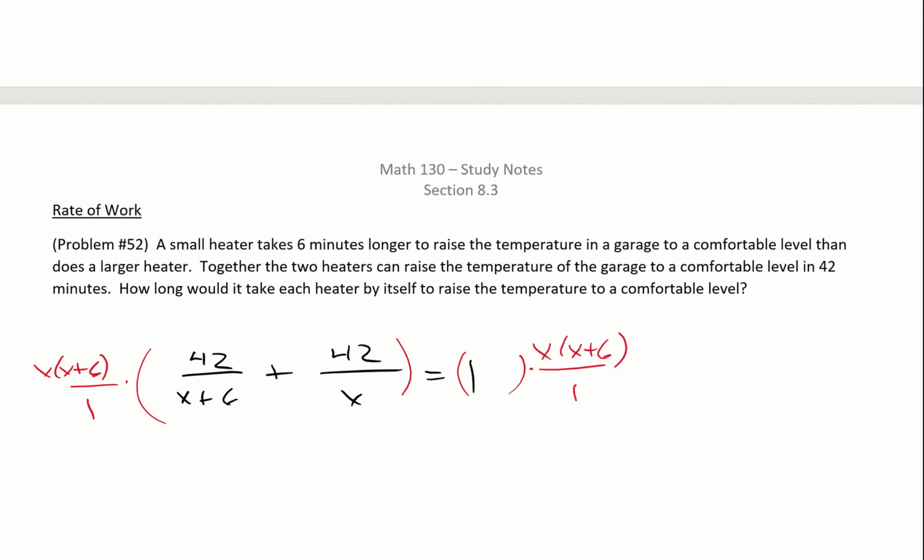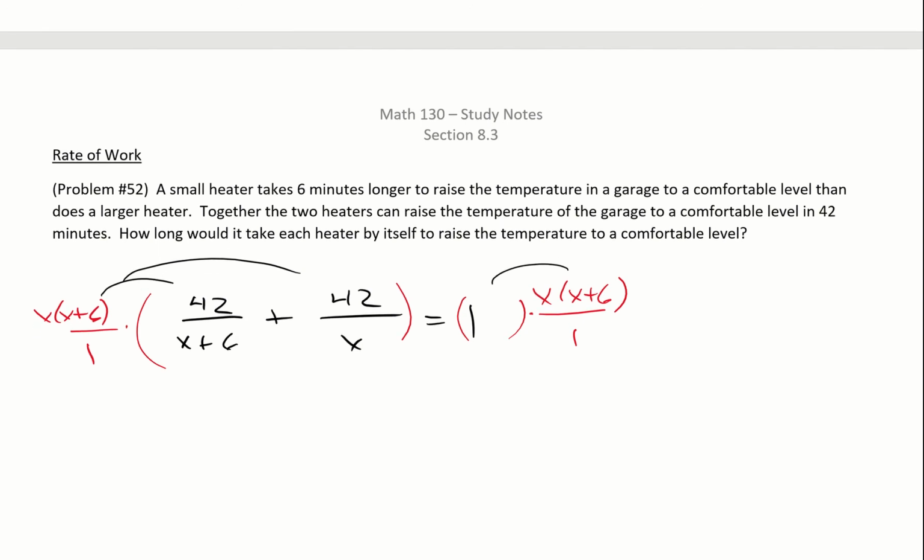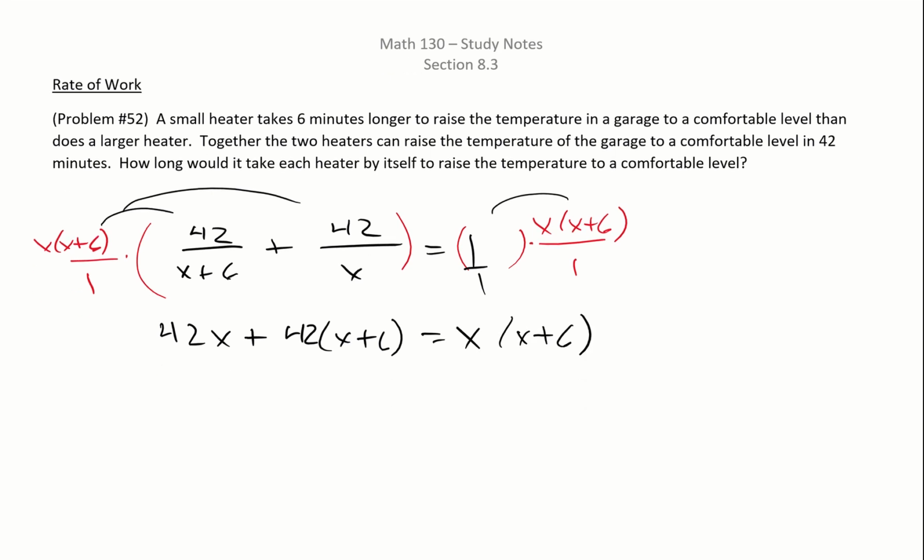When we distribute, in the first case, x plus 6 disappears and we're left with 42 times x. In the second, the x disappears and you're left with x plus 6. And lastly, nothing disappears because it's just over 1. It's 1 times it, so you have x times x plus 6. Very similar to the last one with Kathy.